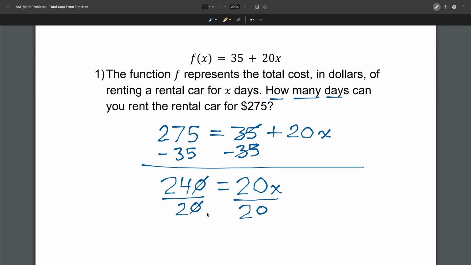The zeros will cancel here. 20 divided by 20 is 1, and 1x is just x. 24 divided by 2 is 12. So we can rent this rental car for 12 days.